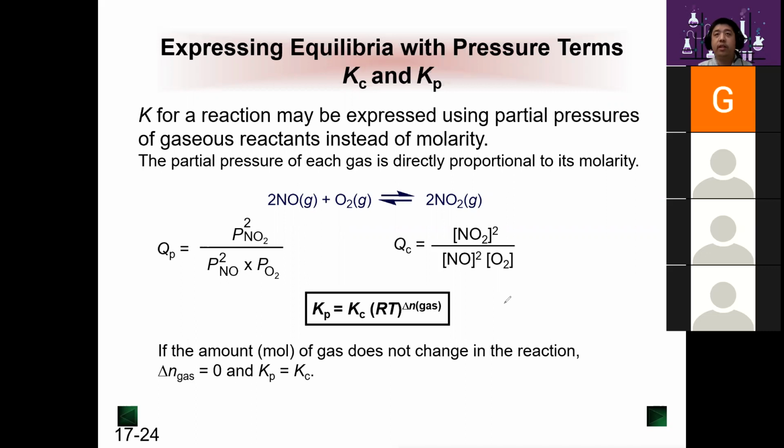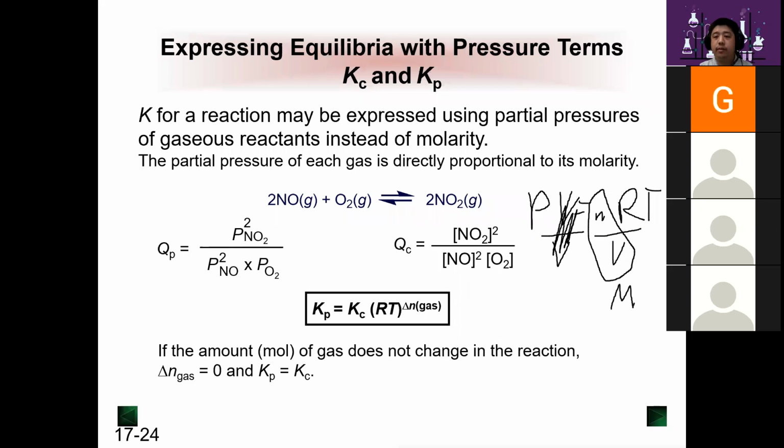What is our ideal gas law? PV equals nRT. Now, if you move V to the other side, n over V is the same as our molarity. Our molarity is the same as our concentration.